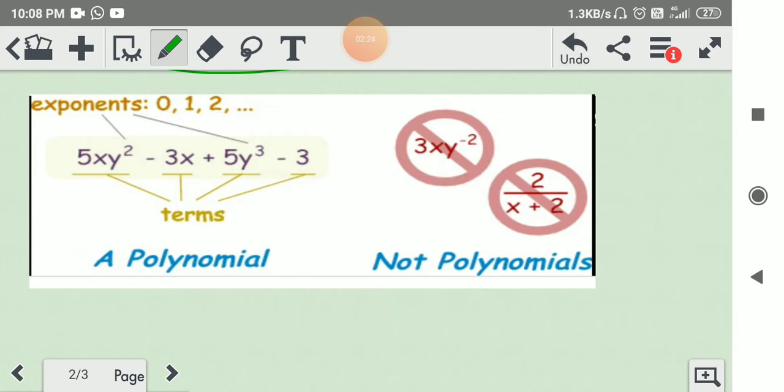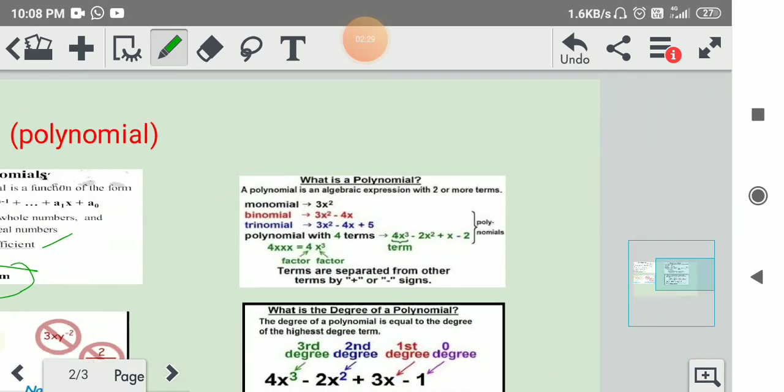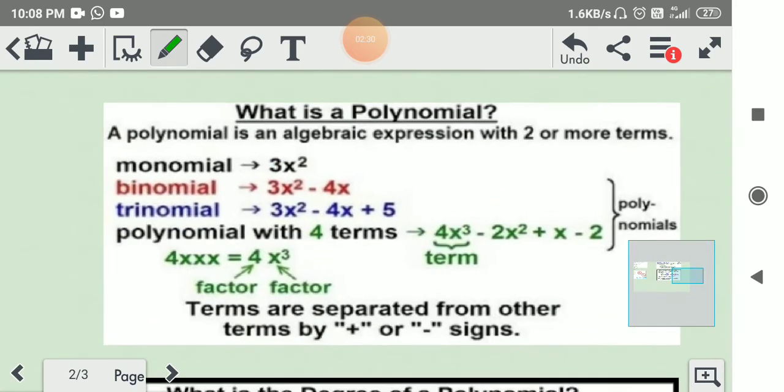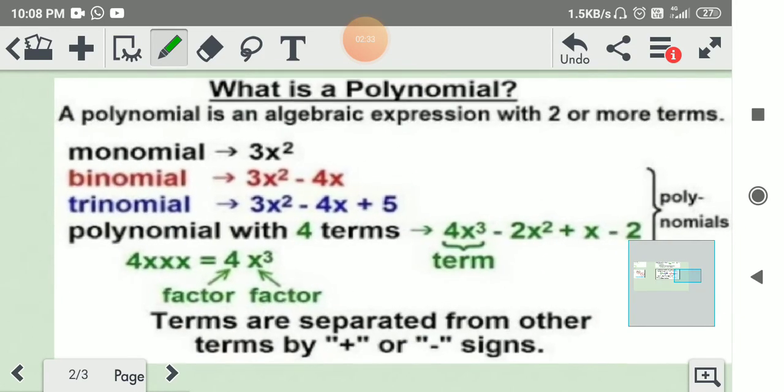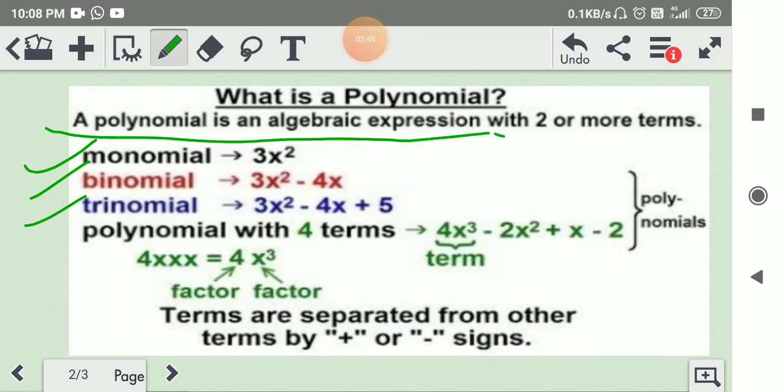Now again, polynomials are divided into three parts: monomials, binomials and trinomials. A polynomial is an algebraic expression with one or more terms.